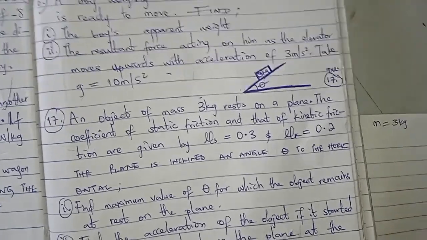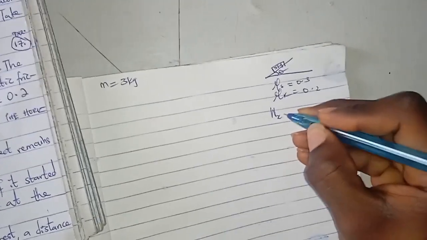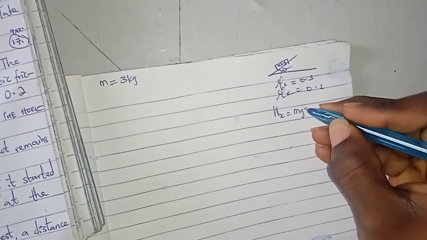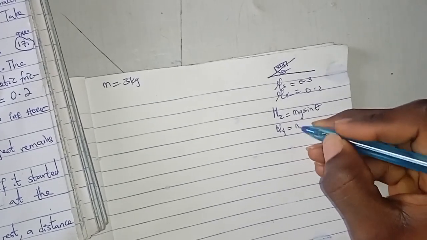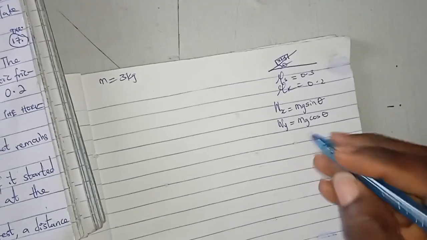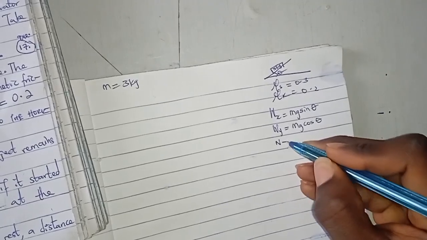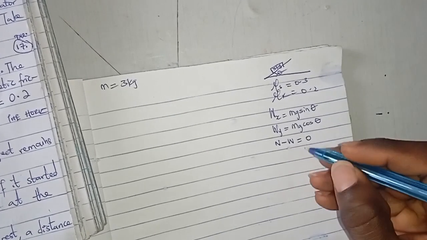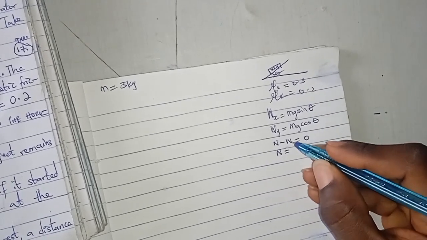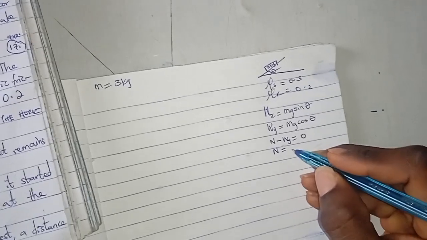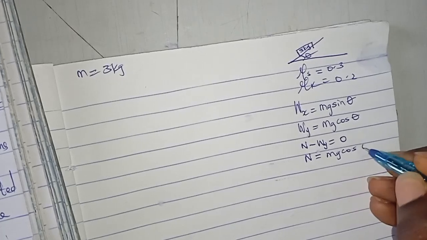I know that a body on an inclined plane has weight on the x-axis to be mg sine theta and weight on the y-axis to be equal to mg cos theta, and the normal reaction minus W is equal to 0. That is on the vertical component, so that N is equal to mg cos theta.